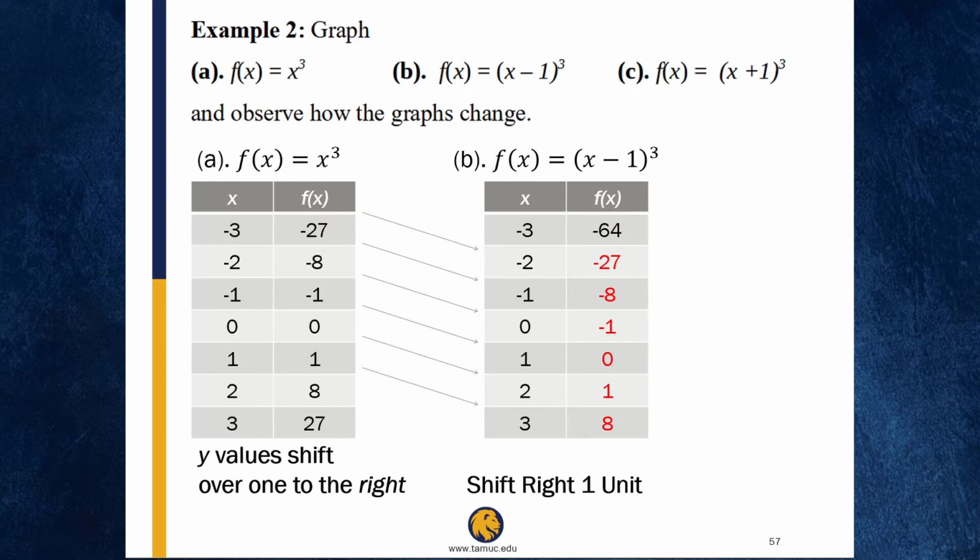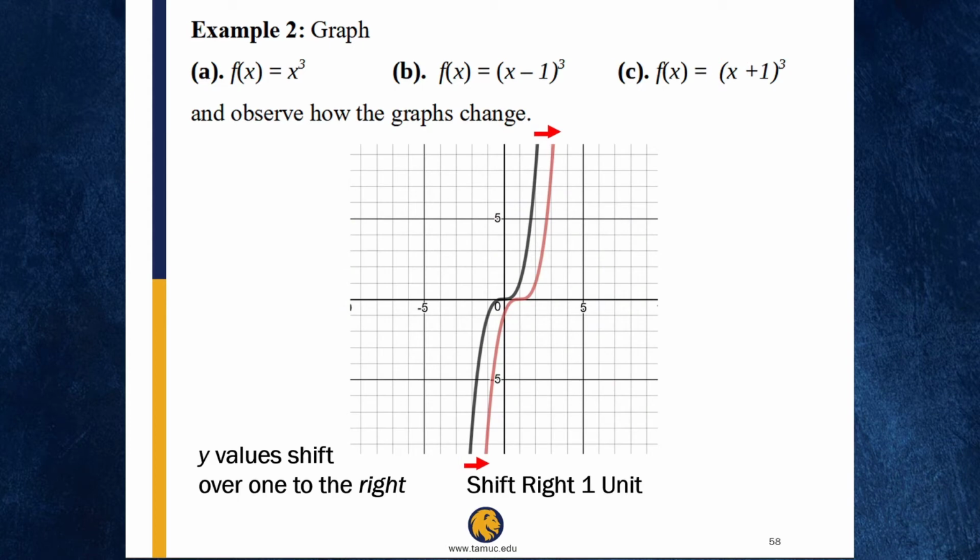So what that means for the graph is it does shift over to the right because of the x minus 1. So we can see that here in the graph how it starts in one location and then moves over horizontally to the right by 1 unit.